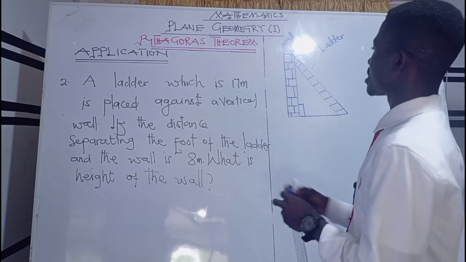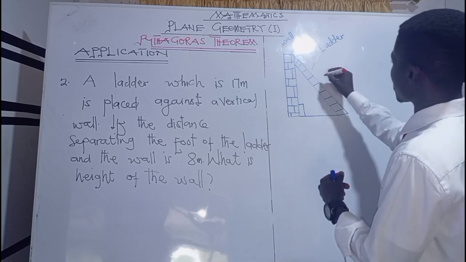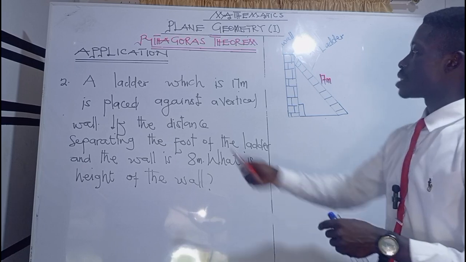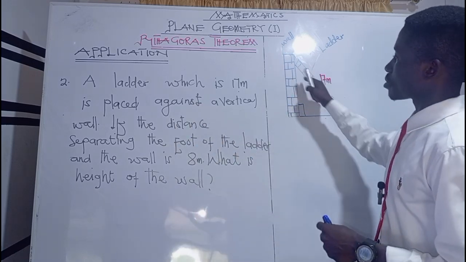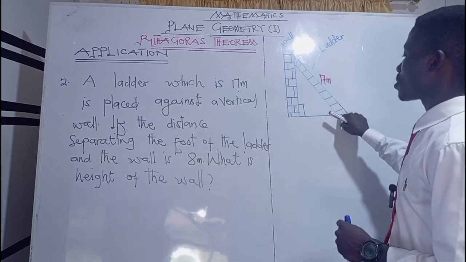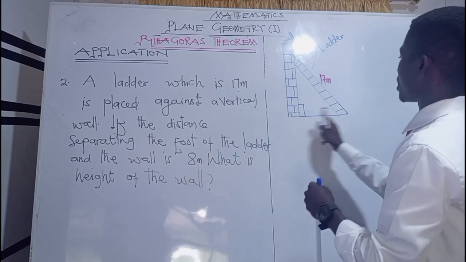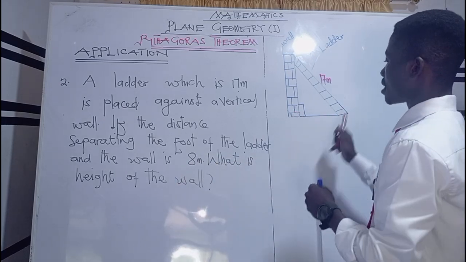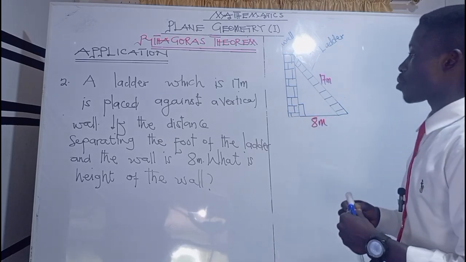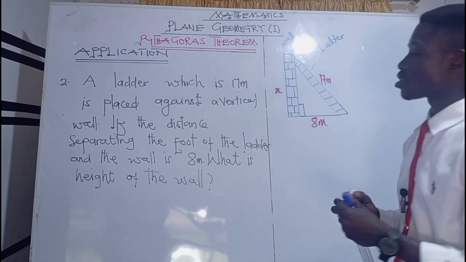So a ladder which is 17 meters. So with this one, the ladder is what? 17 meters is placed against a vertical wall. If the distance separating the foot of the ladder and the wall is what? 8 meters. Therefore, the distance of this and that is 8 meters. What is the height of the wall? So this is what we are going to look for, the height of the wall.